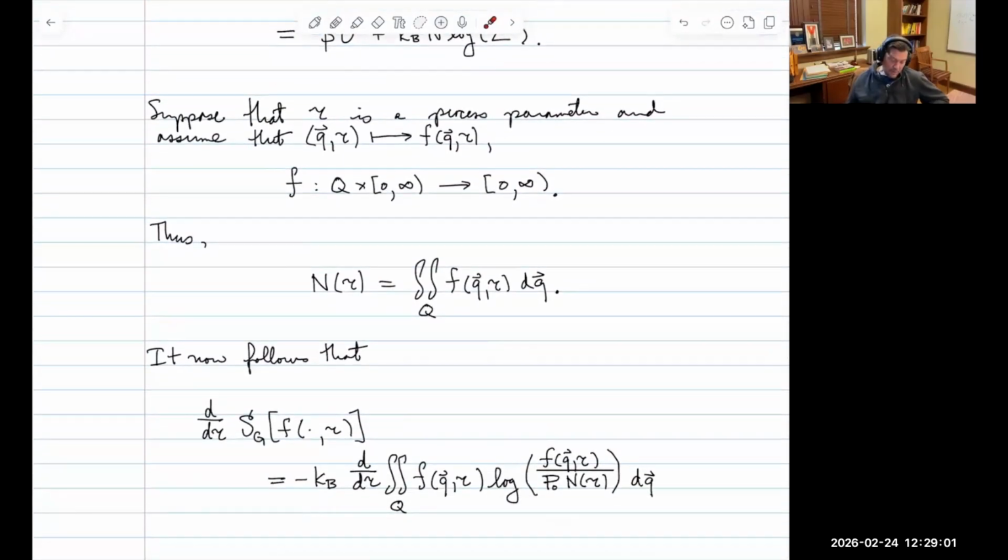All right, now what we're going to do is suppose that our number density function can change via a process parameter. So I'm going to think about this being a function of phase space and of a tau parameter space. This tau parameter space doesn't have to be infinite, it doesn't have to start at zero. I can start with whatever I want. But basically, as I change the tau parameter, I get different values for my number density of particles.